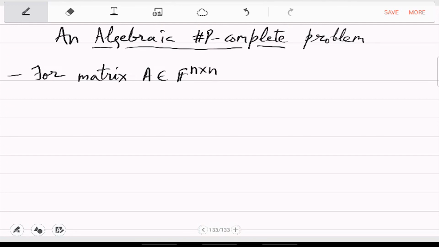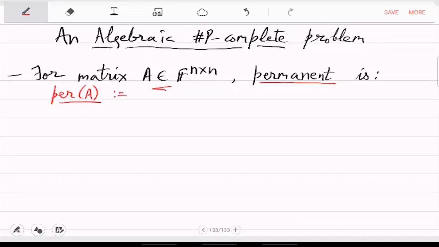for an n cross n matrix over some field F, let us call the matrix A, permanent is defined as the following value.